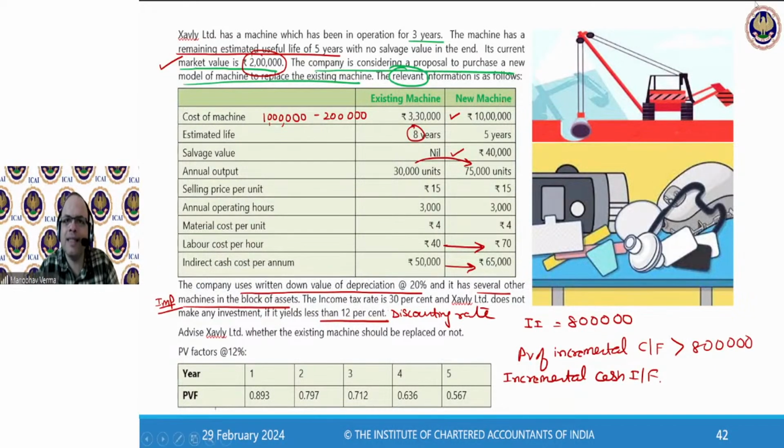We have to do this exercise. I hope everyone was with me on this. So we have to calculate the incremental, and then maybe what we'll do is we will also go ahead with the calculation of the present value factors along with that. I hope all are doing good, guys. What do you think?